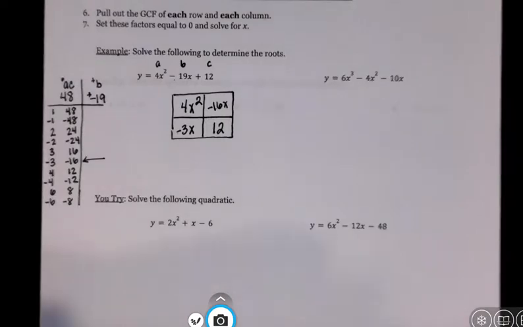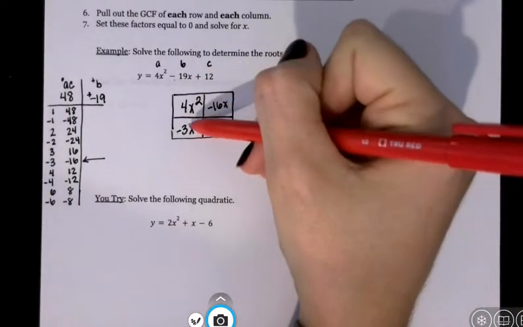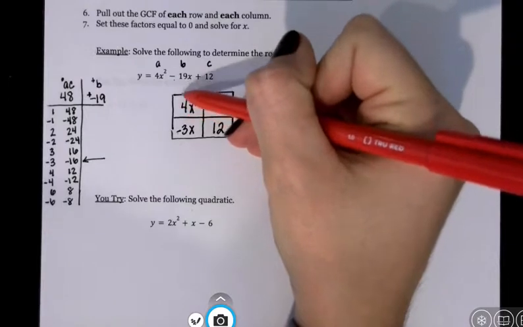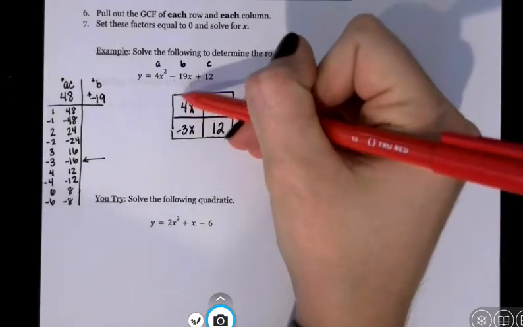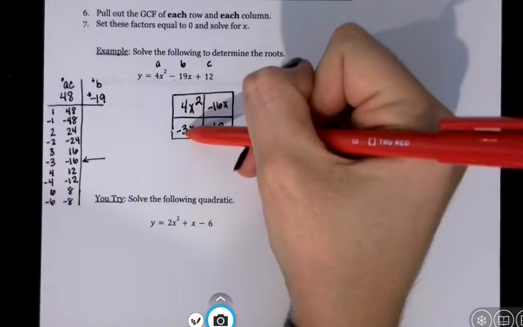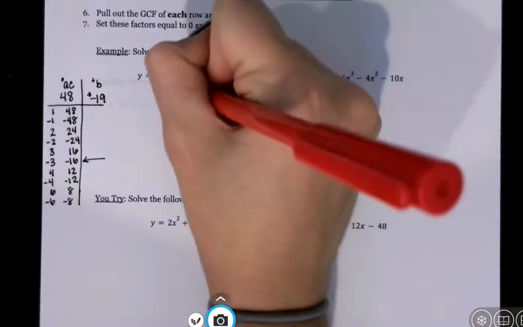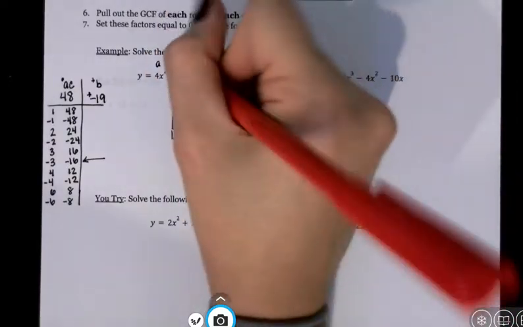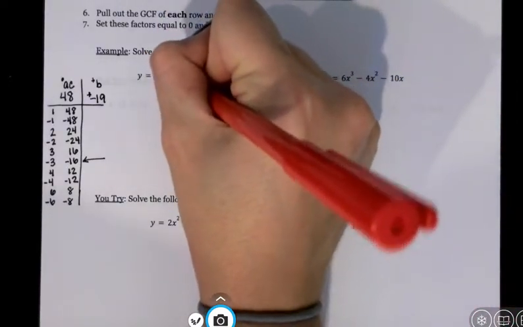What I'm going to do now is from every column and every row, I'm going to pull out the GCF. So I'm going to start with the columns. So for this column, whatever is next to it, I have to match the sign. So if this is positive, this is positive. So between 4 and negative 3, well, that GCF is just a positive 1. And then from x squared and x, I can pull out just 1x.